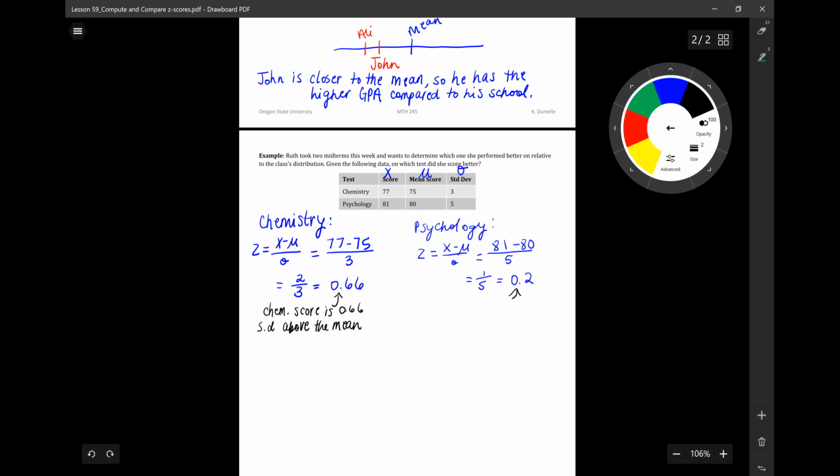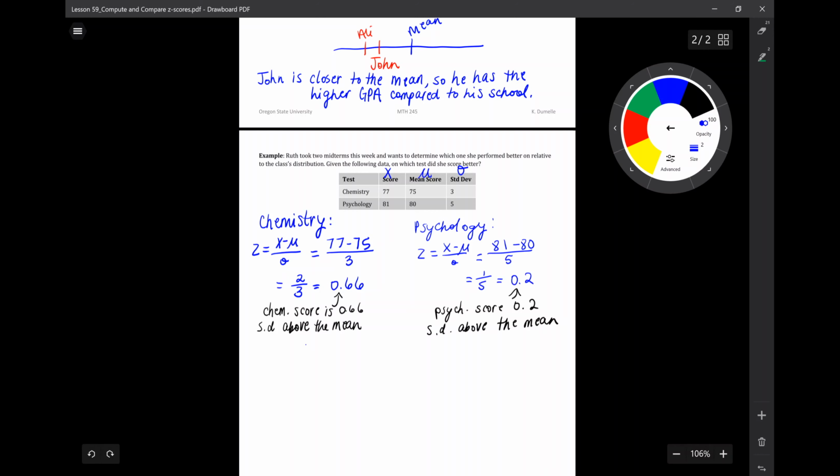So her psychology score is 0.2 standard deviations above the mean. So we can see here that her chemistry score is relatively higher than her psychology score because it is more standard deviations above the mean.